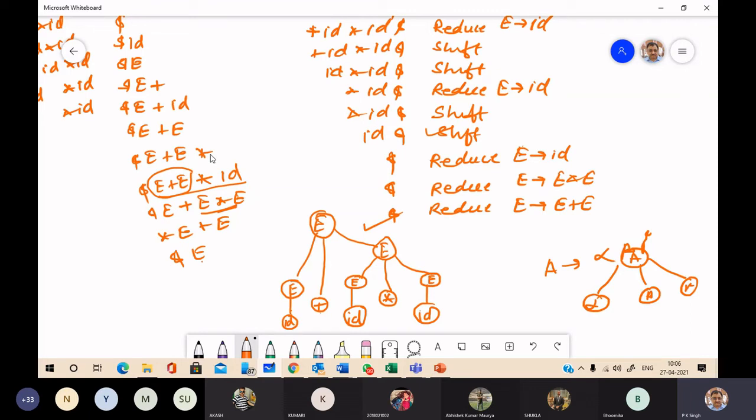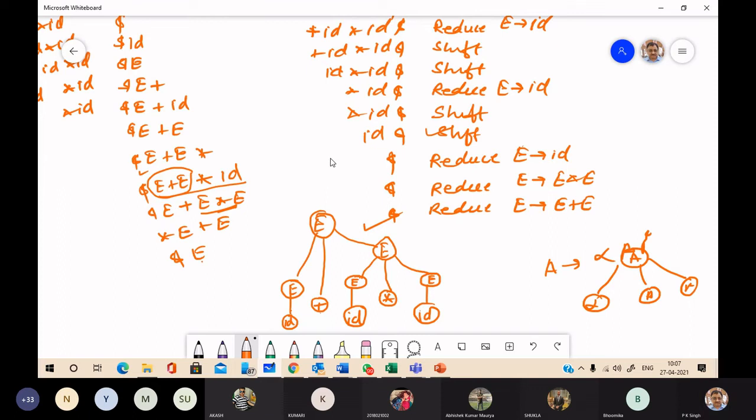We will cover this in the remaining discussion of bottom-up parsing. At this very point, E plus E is not the handle, the substring to be replaced by its left side. At this junction, we have the handle ID. So handle ID must appear onto the stack, so we go for the shift.